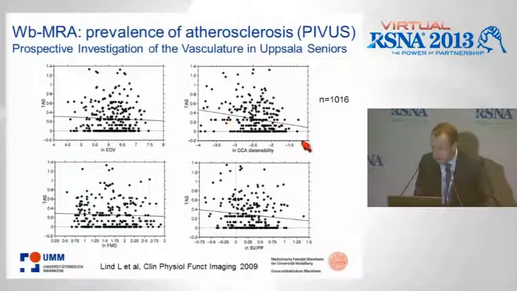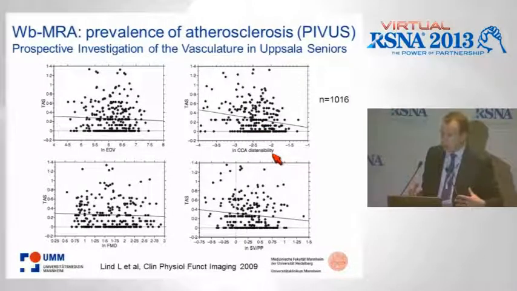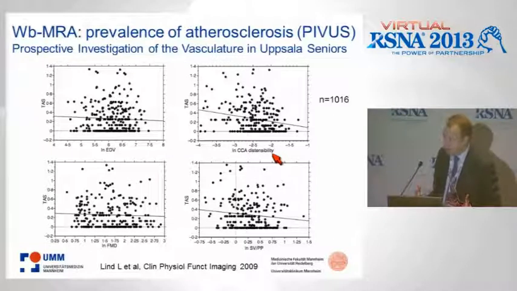They could show a significant correlation to the vascular compliance between their total atherosclerotic score derived from whole-body MRA in comparison to the compliance. And this could show that indeed whole-body MR is kind of a marker for the burden of atherosclerotic disease.